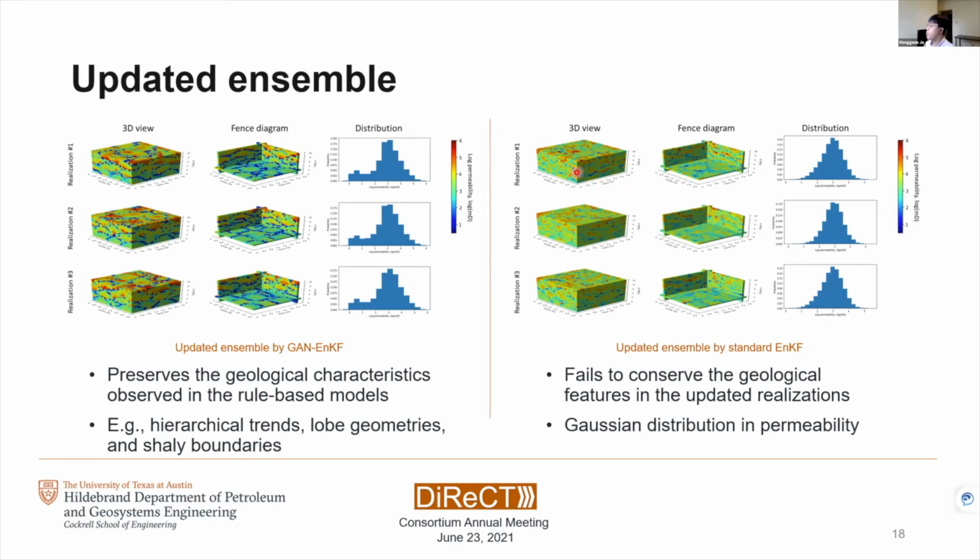So even though we put a lot of effort into making a really realistic reservoir model, it ended up as a non-realistic reservoir model in the end. However, with the GAN Ensemble Kalman filter, even after we updated this ensemble, they still preserve all the hierarchical trend and also their lobe boundary and also their bimodal distribution.